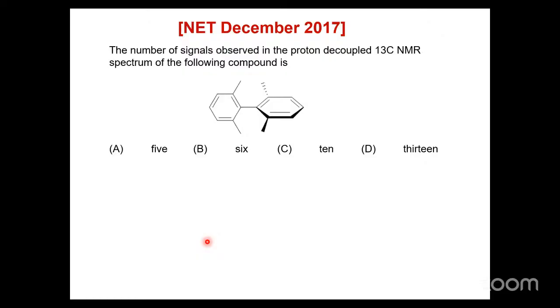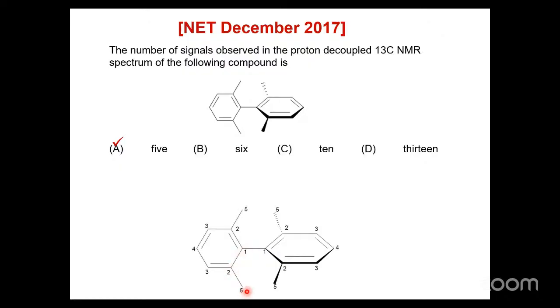Okay. So you have to draw the molecule in such a way that you can see all the types of carbon. Now you can imagine the plane which is passing through C5, C2, C1, C2 and C5 carbon.